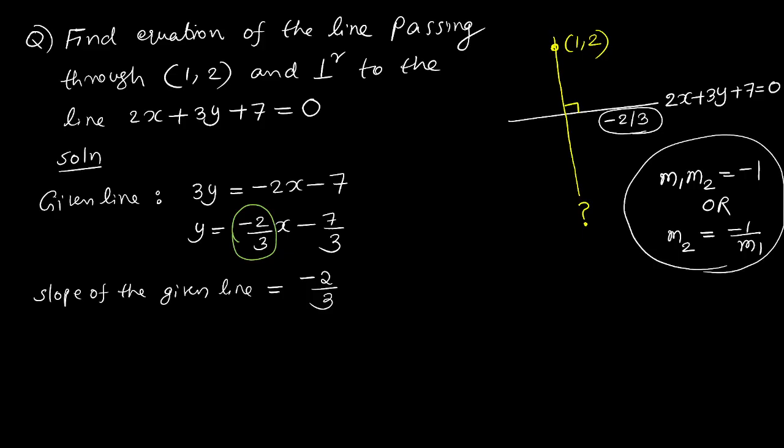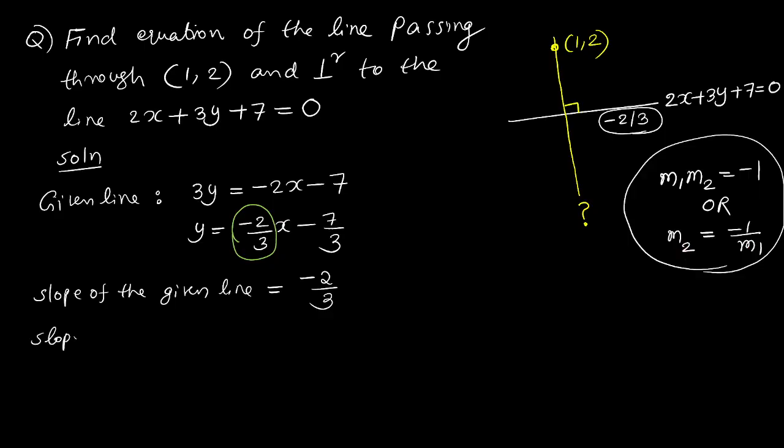In the last note, please add this also: rearranging, m2 equals minus 1 by m1. If two lines are perpendicular and m1 is given, we can easily find m2. m2 will be minus 1 by m1.